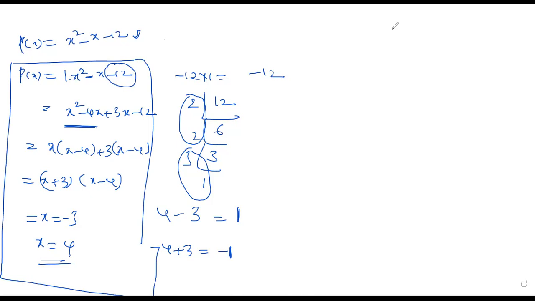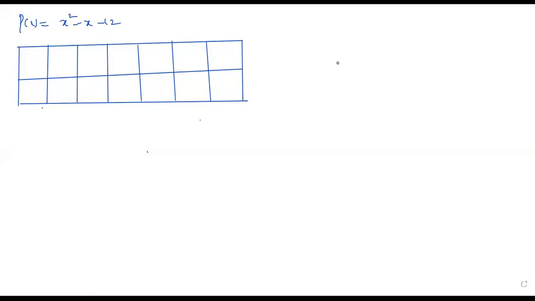Now we'll draw the graph. P of x is equal to x square minus x minus 12, and we already got the zeros, 4 and minus 3. Now P of x is equal to x square minus x minus 12, so I'm writing that as y is equal to x square minus x minus 12.